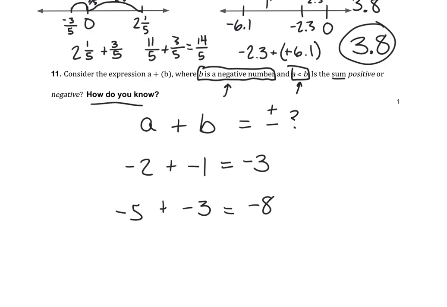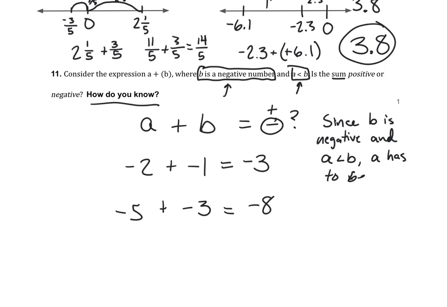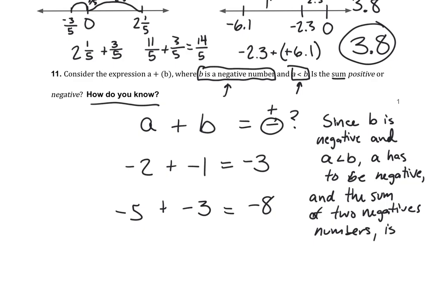When it asks, how do I know? My answer is going to be negative. I know this because b is negative and a is less than b, so a has to be negative, and the sum of two negative numbers is always negative.